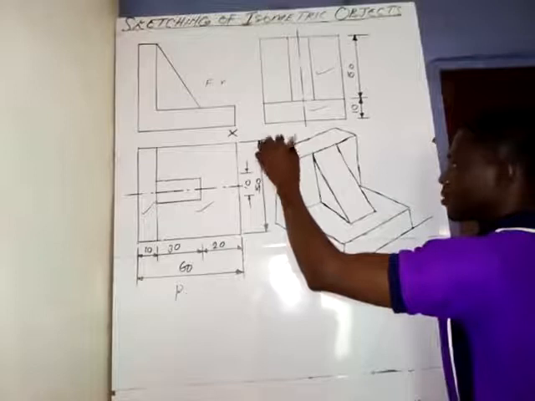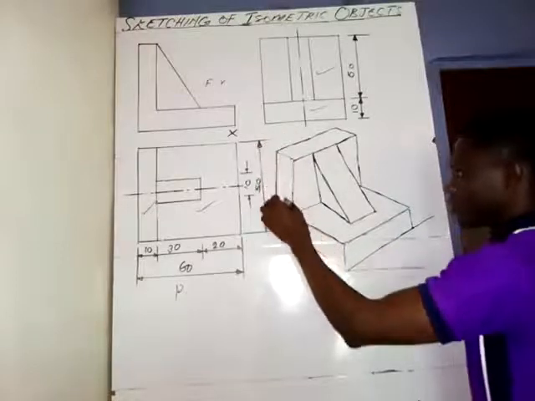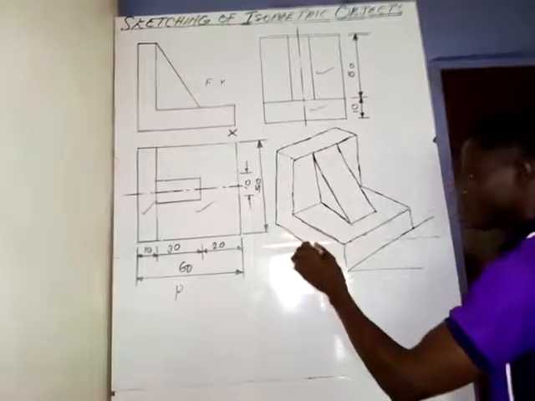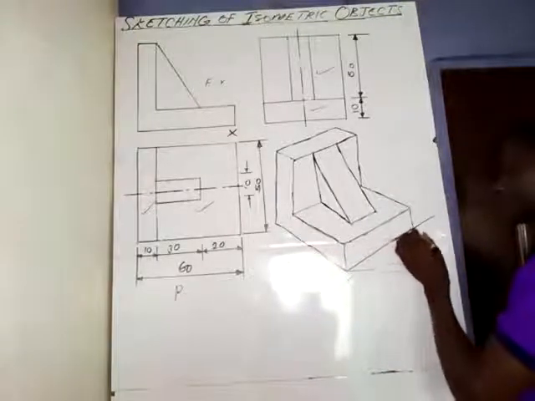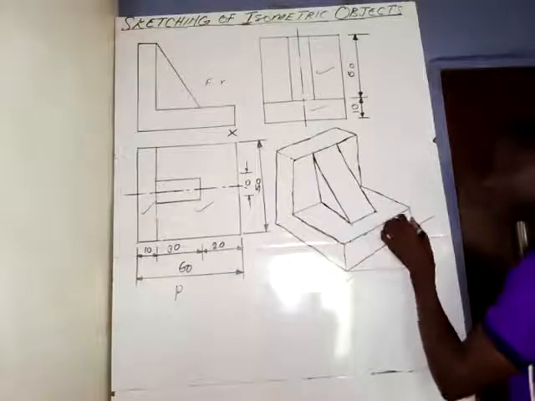Alright, so this is the freehand sketching of the object whose orthographic views are given.